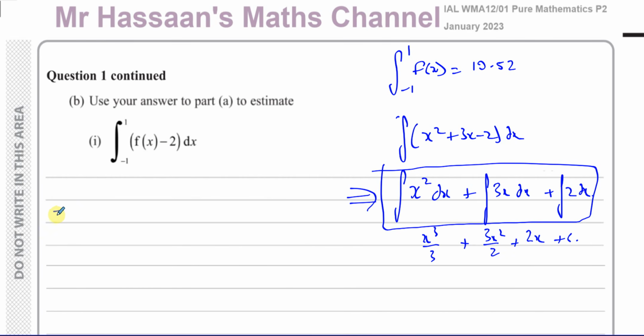So we can say that this is equal to the integral between minus 1 and 1 of f of x with respect to x, minus the integral of 2 with respect to x, again between minus 1 and 1. And that will give you the same answer as this, just as that gives you the same answer as this. All right, so that's exactly what we can do here.